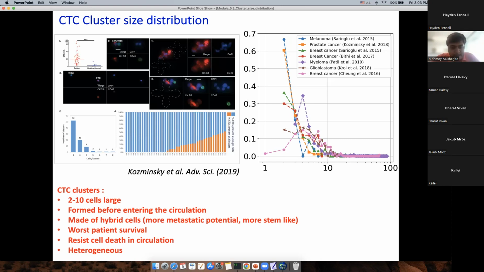You can think of the EMT process as a continuous kind of process. At the two ends, there is the epithelial cell and the mesenchymal cell. In between, you can find many hybrid states with different degrees of EMT. So in clusters, people found that there are different degrees of EMT.